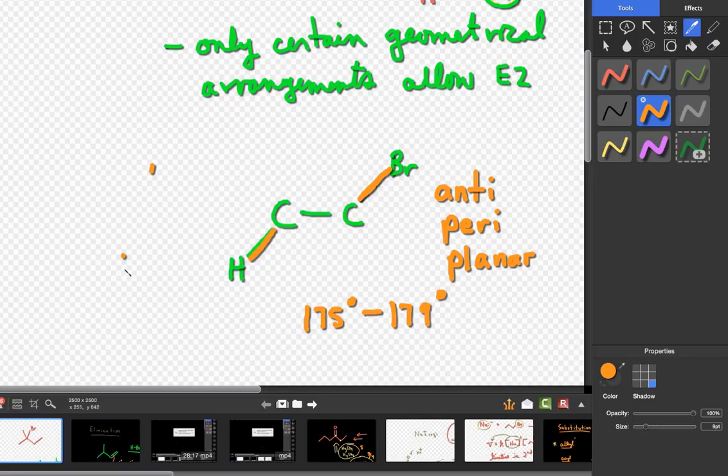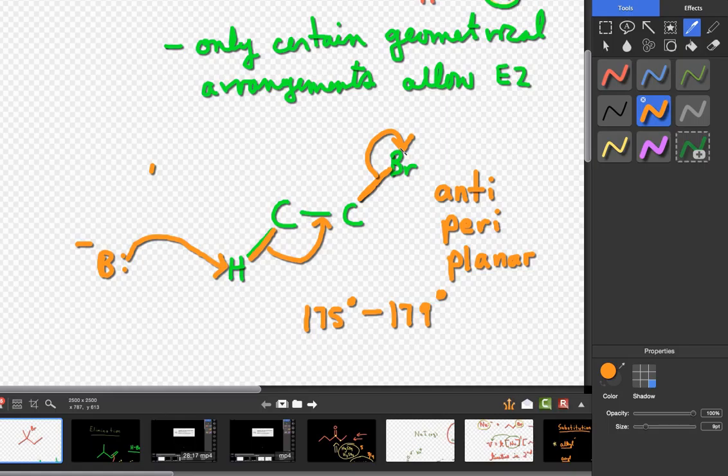And remember, we're going to use a bulky, strong base for this process, to remove a hydrogen, which yields its electrons to form the pi bond, which promotes the expulsion of the leaving group. Anti-periplanar geometry is an absolute geometric requirement for an E2 mechanism.